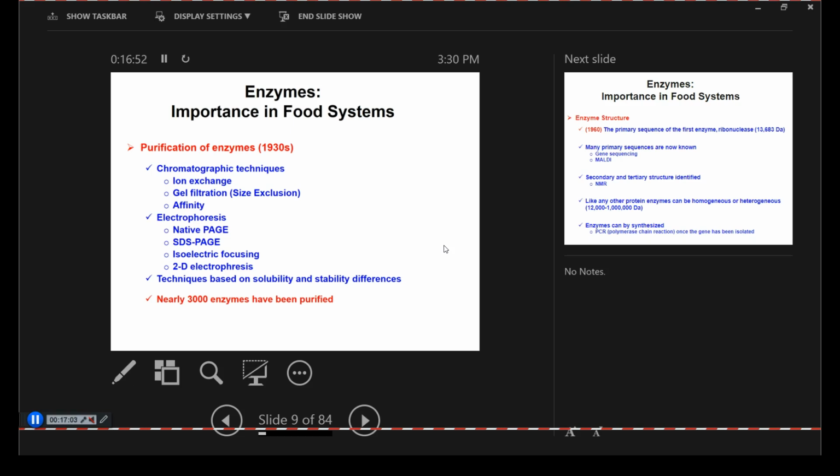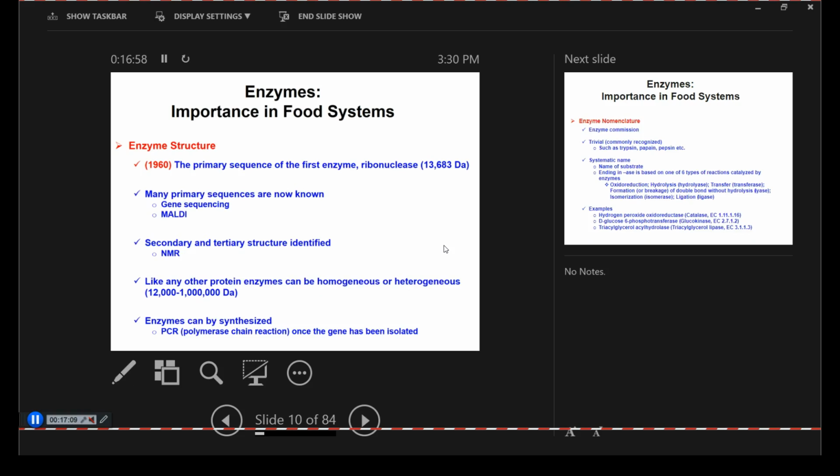Over 3,000 enzymes have been purified so far and their structure elucidated. The first enzyme with the primary sequence elucidated was ribonuclease. And then other enzymes were sequenced. Determining the sequences was done either by gene sequencing or MALDI, and then determining the secondary and tertiary structure by NMR.